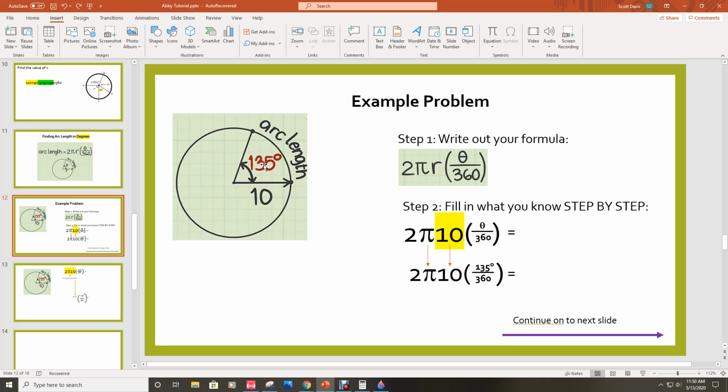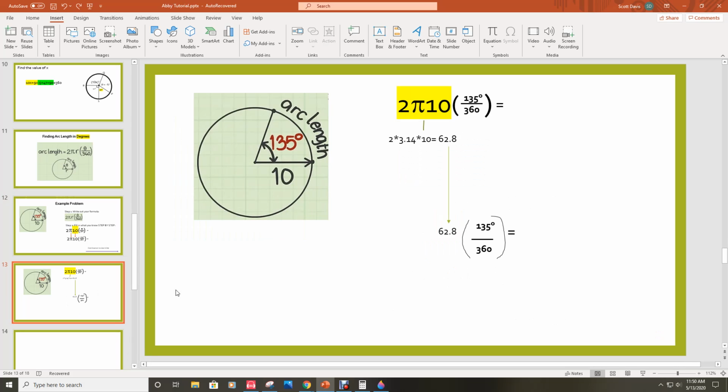Even though I see that 135 degrees and I know it goes where that central angle symbol is, I write it again anyway because it's going to help me remember my formula. Then I wrote it again, and then I filled in the next portion that I have. I have my central angle, so I filled it in, that 135 degrees over 360. And that's where everything went crazy with my PowerPoint.